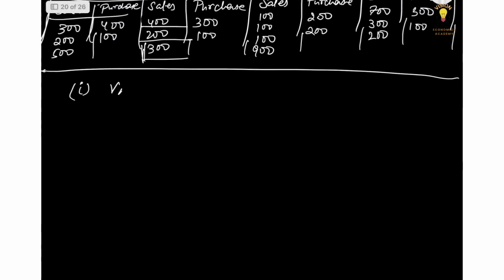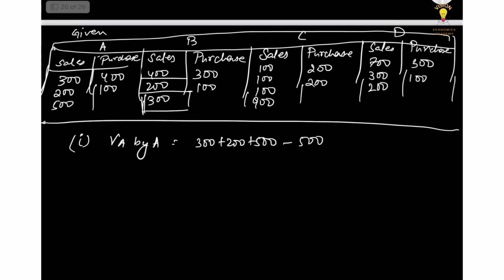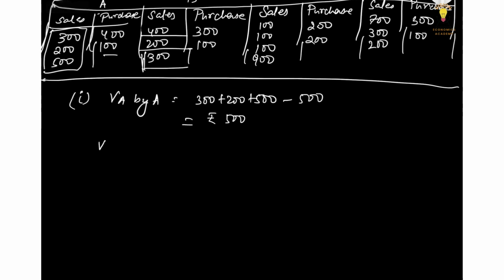So value added by A is 300 plus 200 plus 500, that is sales, minus intermediate consumption, which is 500. So all this minus this. Okay, that's rupees 500. Then value added by B is 400 plus 200 plus 300 minus 400.